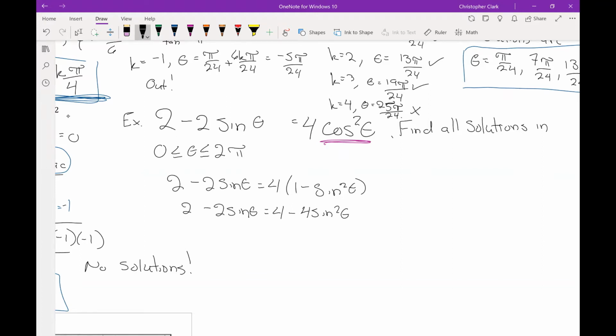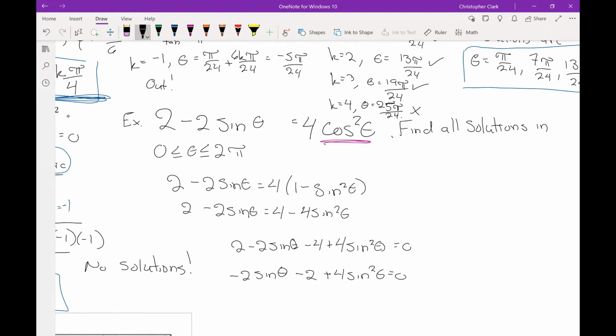I'm going to bring everything to the same side. 2 minus 2 sine theta minus 4 plus 4 sine squared theta equals 0. I'm going to combine like terms. So I should end up with -2 sine theta minus 2 plus 4 sine squared theta equals 0.